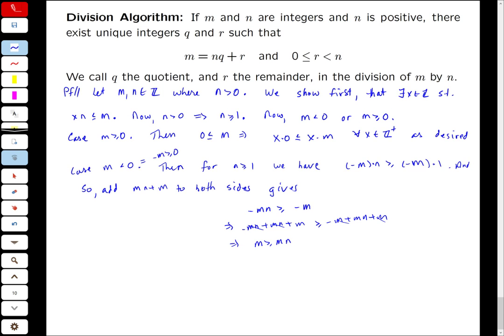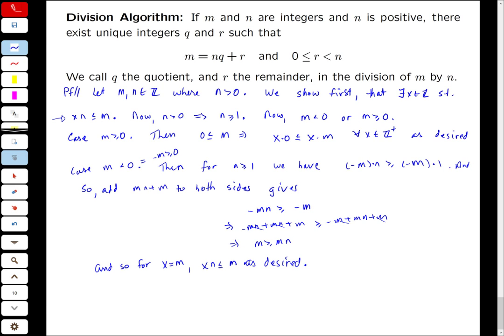And so for x equal to m, I have my equation where I wrote down what I was trying to show. Let me get my inequality written down right, as desired. So in both cases, I get this inequality, xn is less than or equal to m.